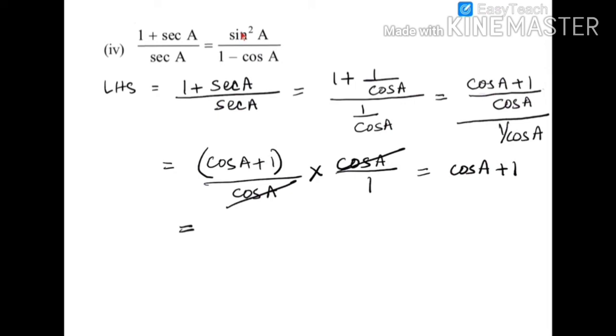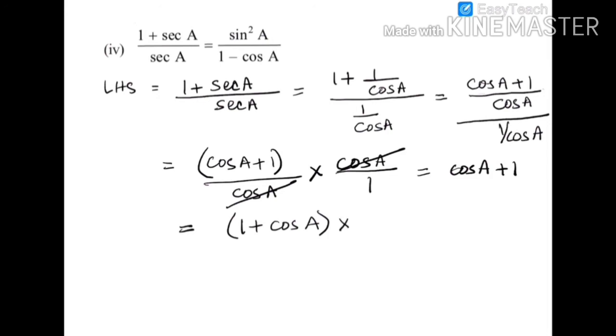Now look at the expression that we want on the right hand side. We want sin square A in the numerator and 1 minus cos A in the denominator. So what we can do is multiply this expression with 1 minus cos A. So I'm going to write cos A plus 1 as 1 plus cos A. It is still the same.